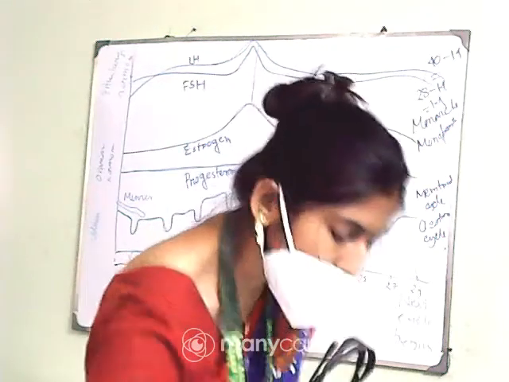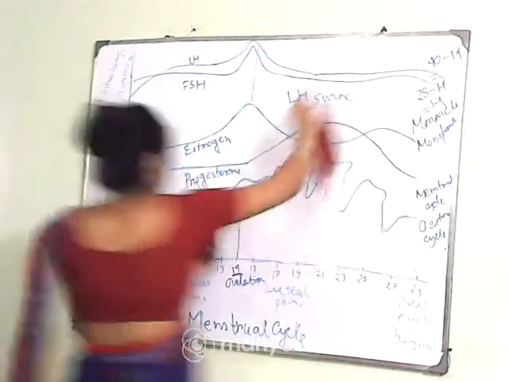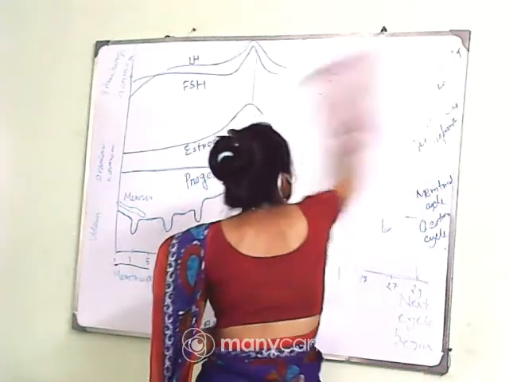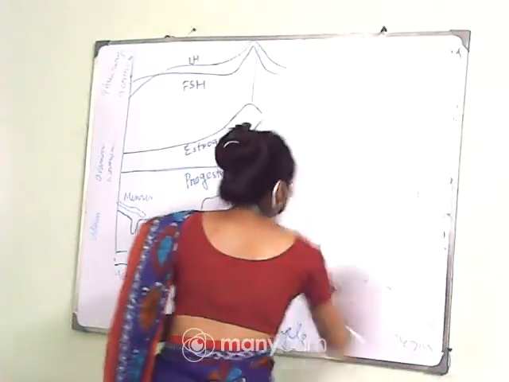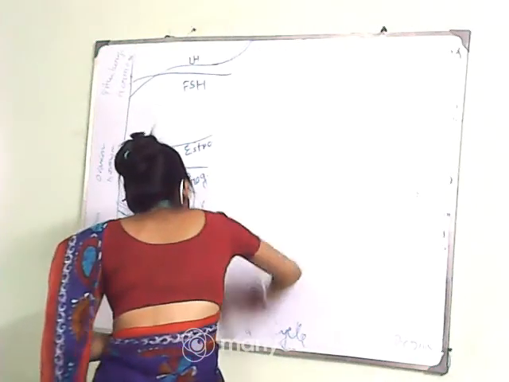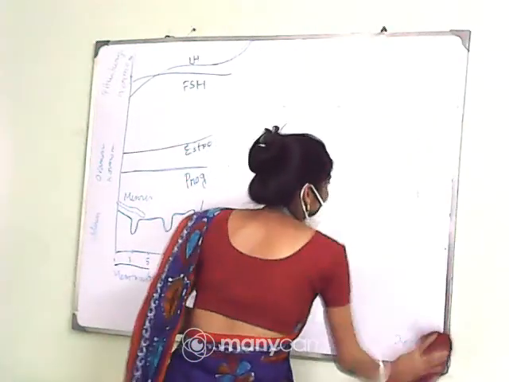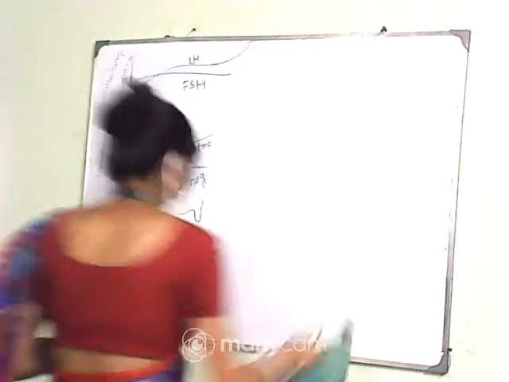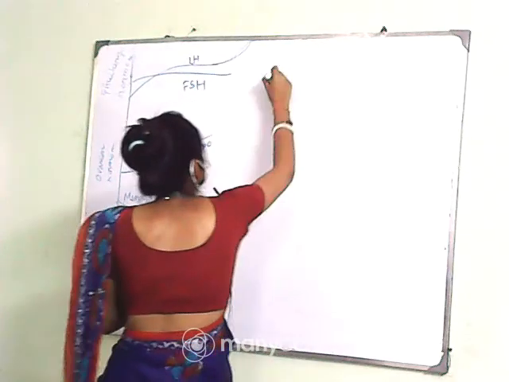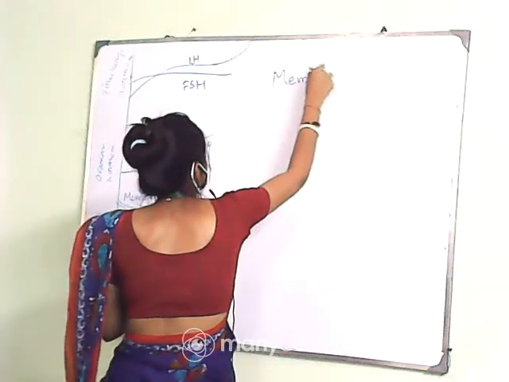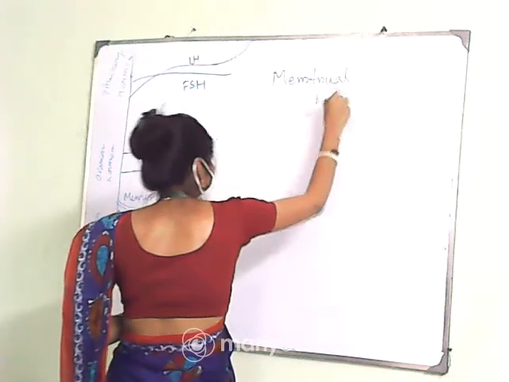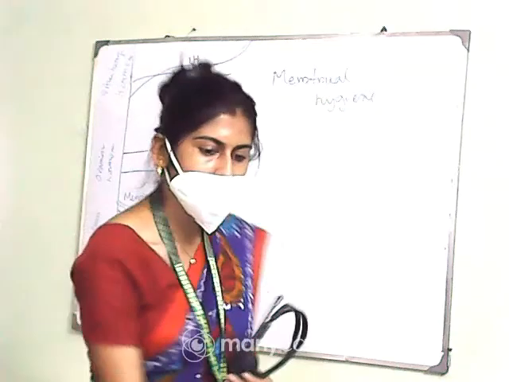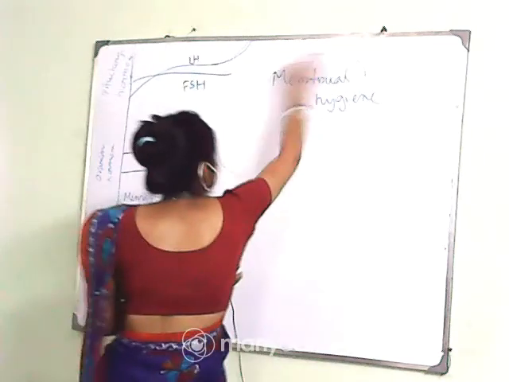Now the next important part, which is included in your new syllabus, is called menstrual hygiene. I will complete this class with this small part. So what is the meaning of menstrual hygiene?